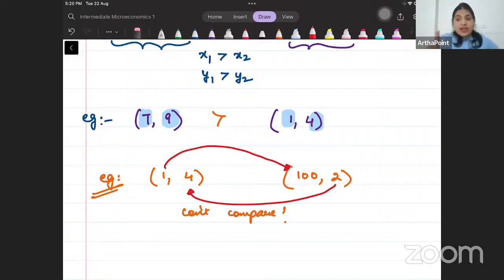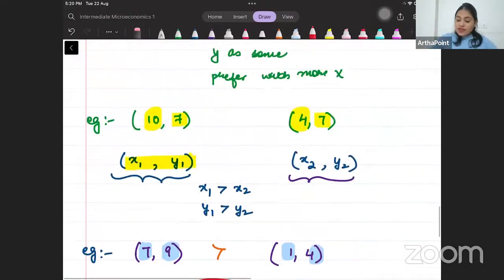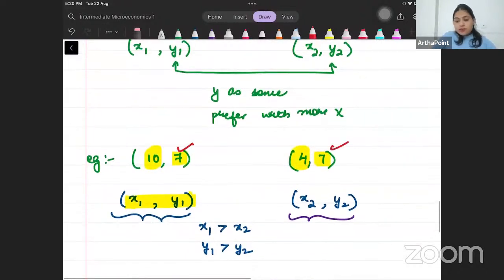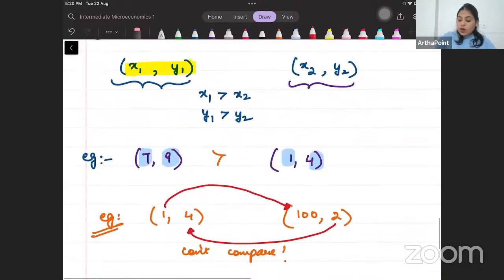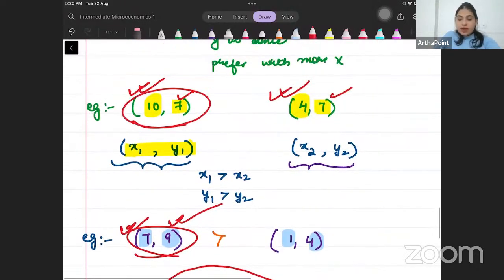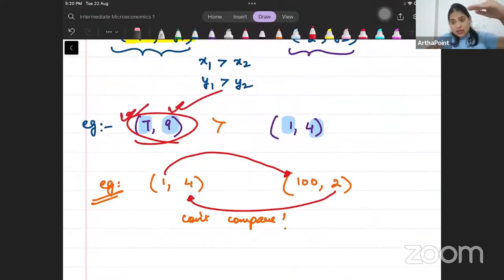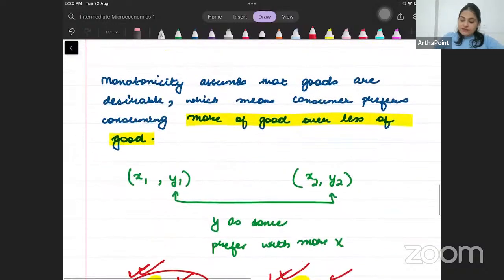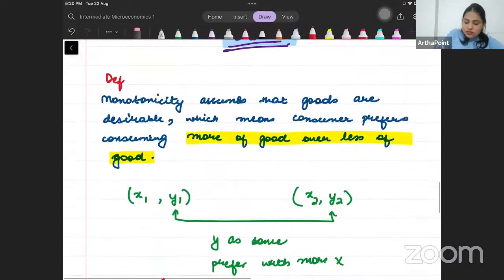So I can only compare when you have the same amount of one good and more of the other good, or you have more of both the goods. Then monotonicity says that this bundle will be preferred. But जब एक में x ज्यादा है और दूसरे में y ज्यादा है, then I cannot compare. ठीक है बेटा? So please write down these points. Definition ये हो गई monotonicity की.